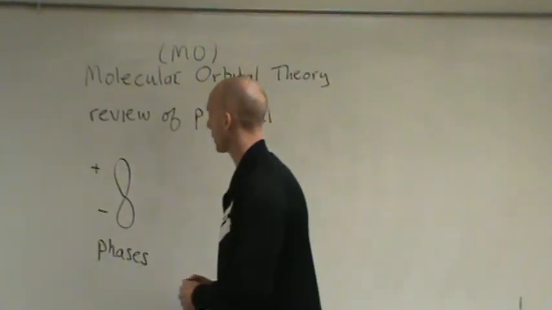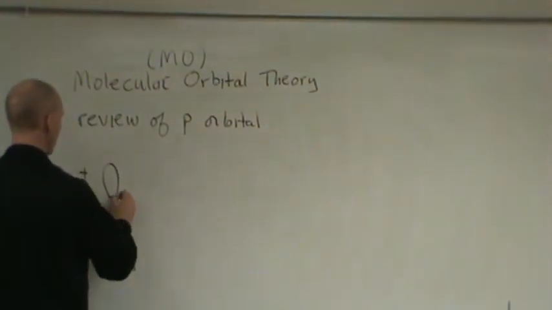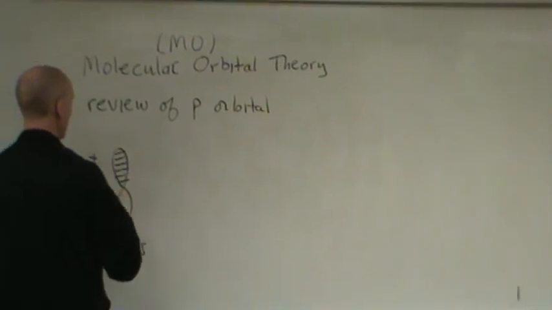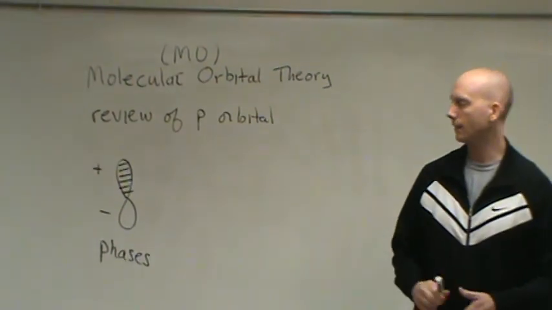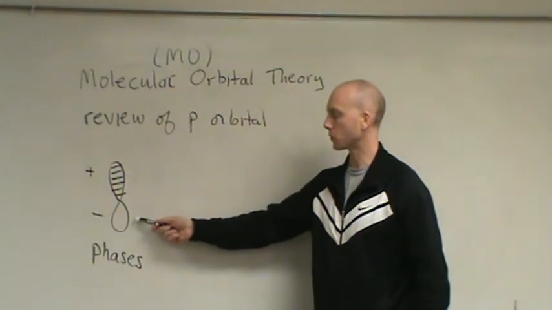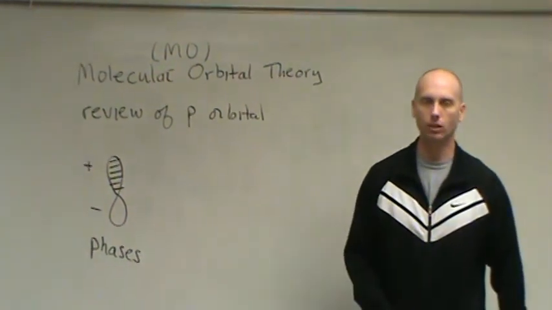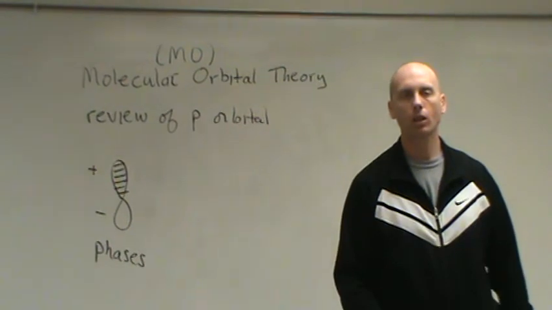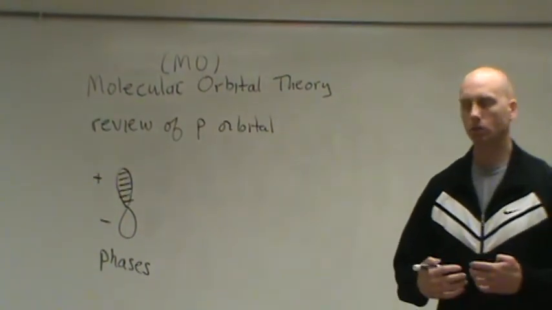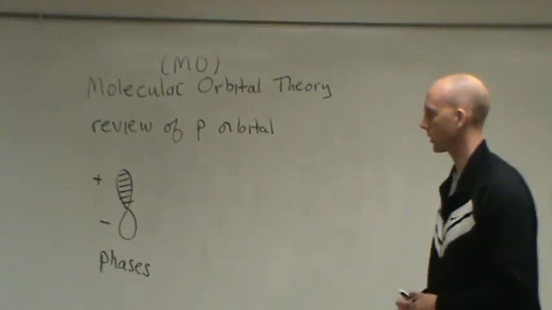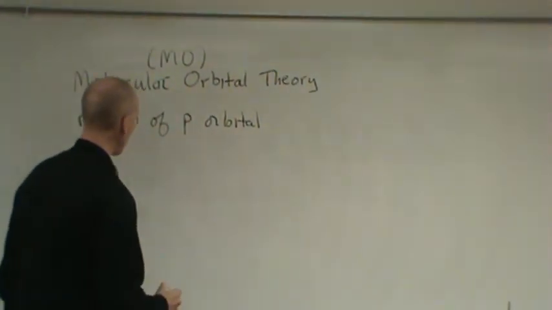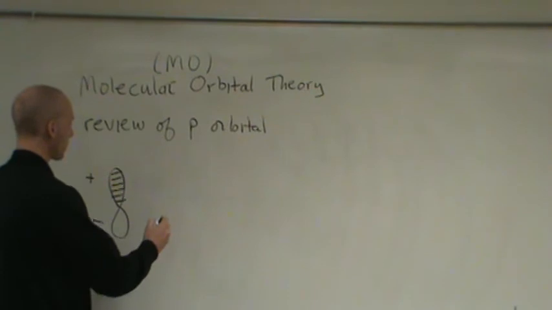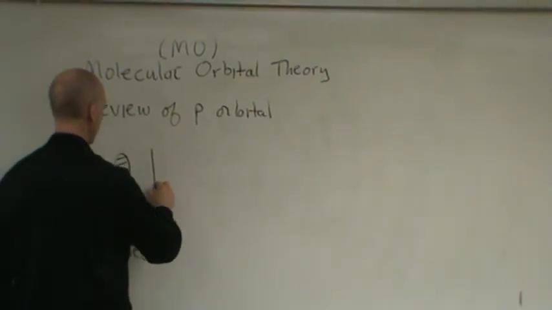Or sometimes we can use shading. We usually shade the positive phase in and leave the minus phase unshaded. So what does this phasing refer to? It refers to the wave motion that the electron is moving in.